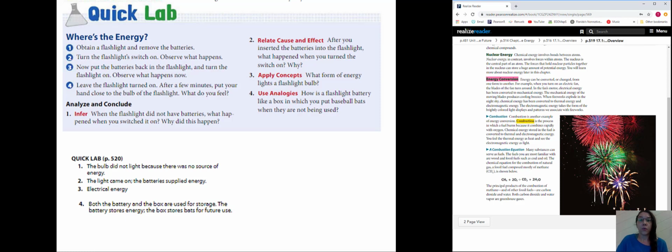Well, again, we are relating the battery to a box, and that box would be storing bats, and they're both storage, right? A battery is just a storage of electrical energy, just like that box would be a storage place for the bats it was containing.